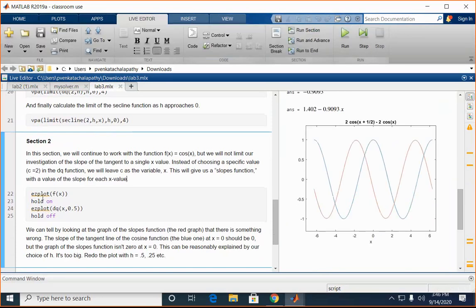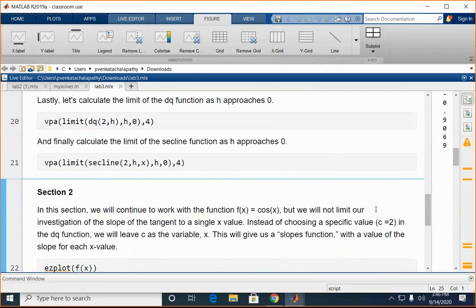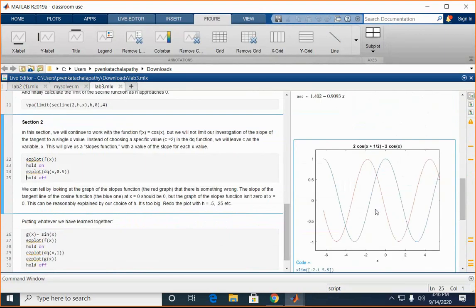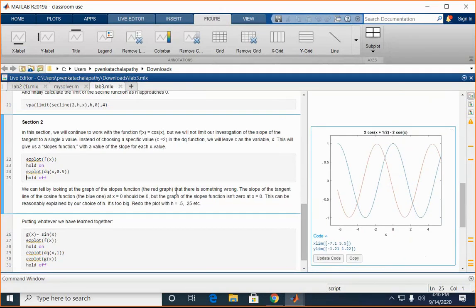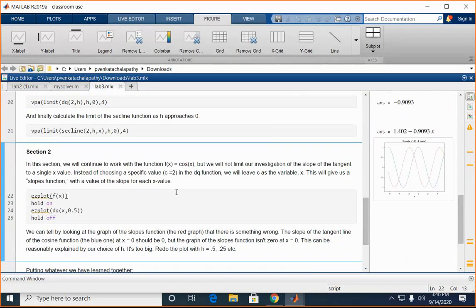For that, I'm going to plot my function f of x, like I did here. Hold on, because I'm also plotting the slope of the secant line.